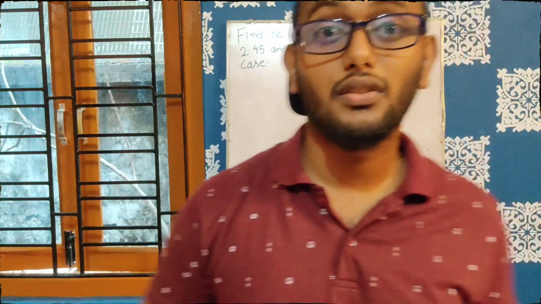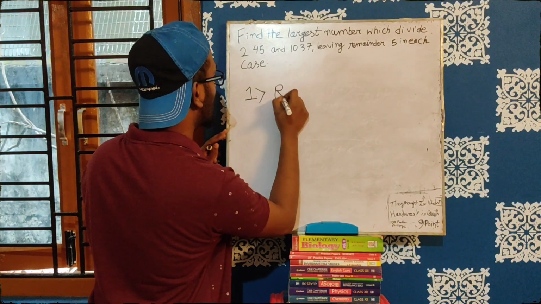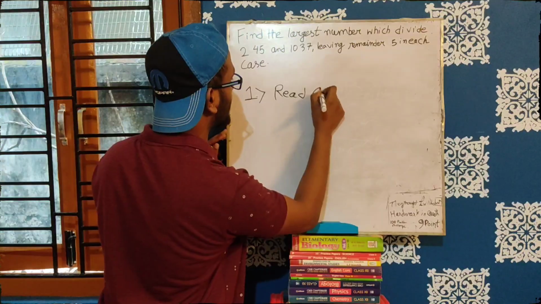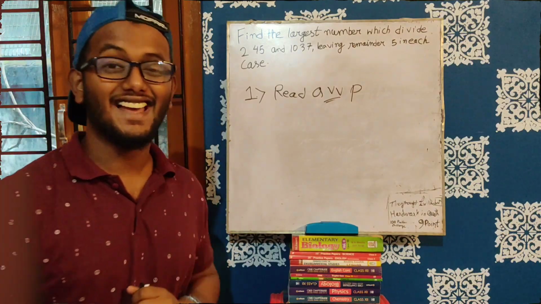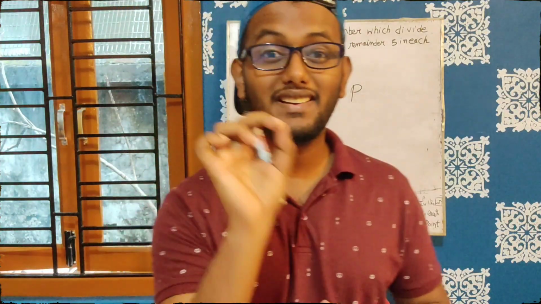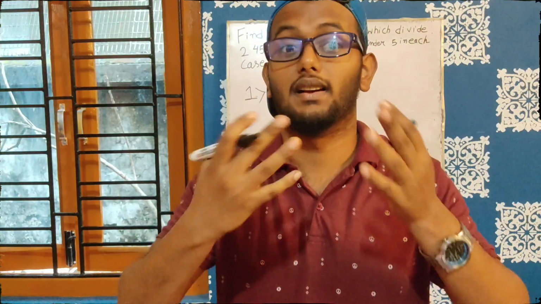I am going to write 3 points for the shortcut of the trick. First trick: read the question very properly. First, you have to read the question very properly and understand what they want from us.